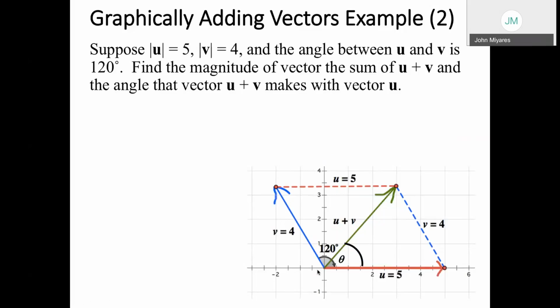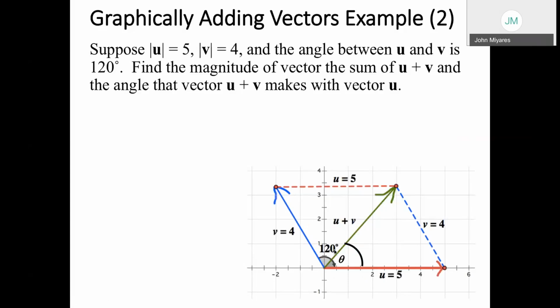Looking at what we do know, we've got two sides of the parallelogram, with side u equaling 5 and side v equaling 4. I know there's a 120-degree angle between vectors u and v here at the origin. What we cannot assume is that the green vector is going to split that 120-degree angle in half.